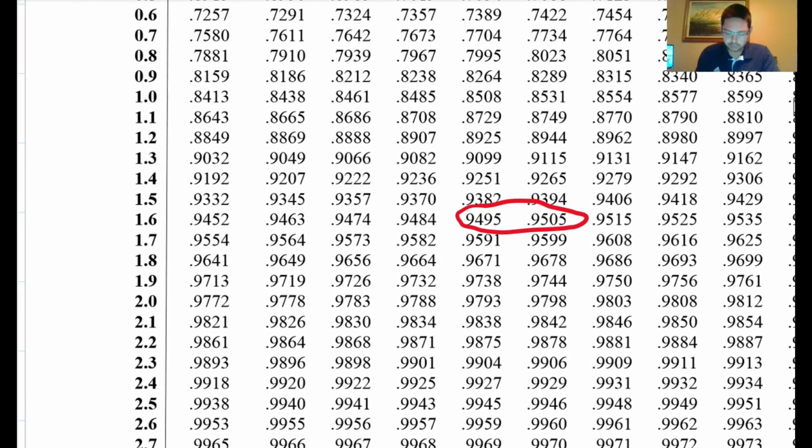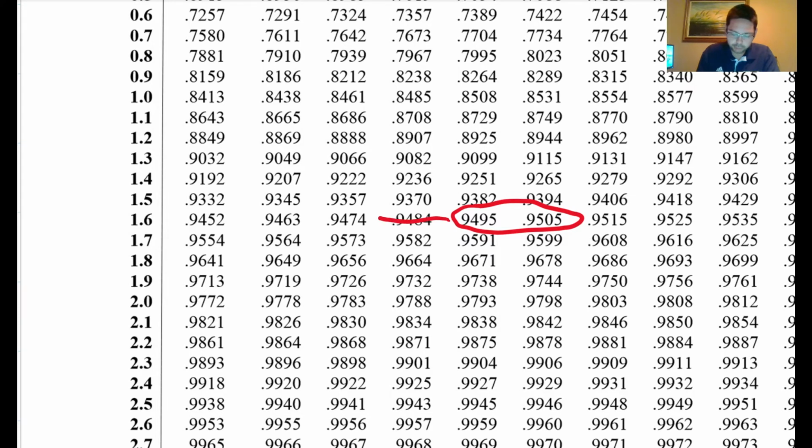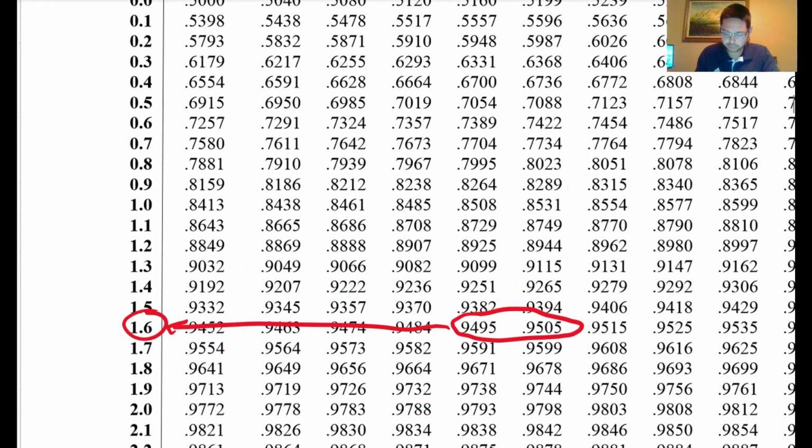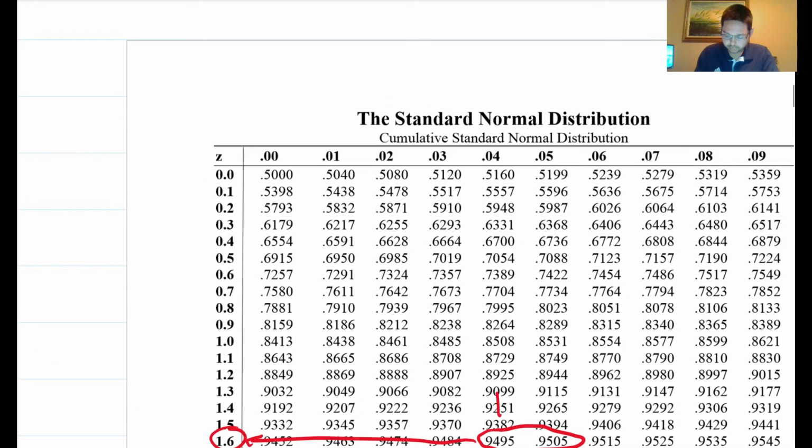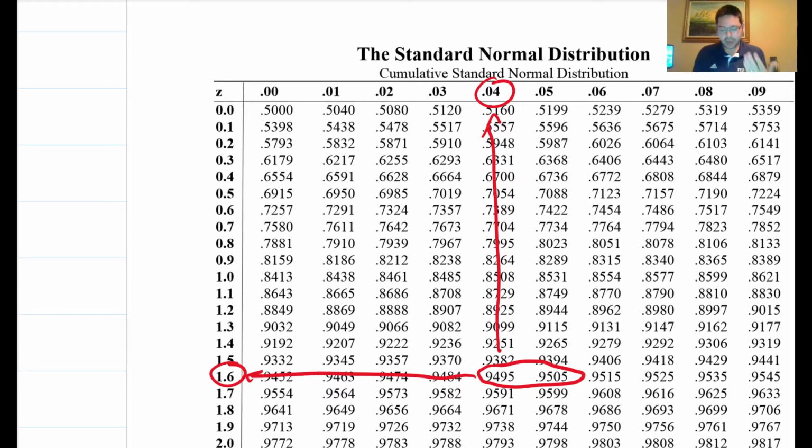Okay, so that's about 1.6, 1.64. So you could say that the critical value is 1.64, or you could say it's 1.65, because either one of those would be correct, and that's because these are the same distance apart from 0.95.